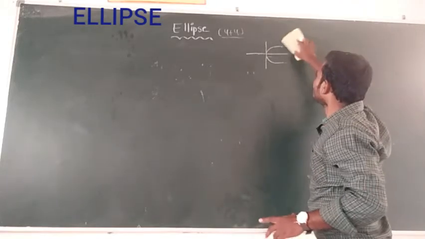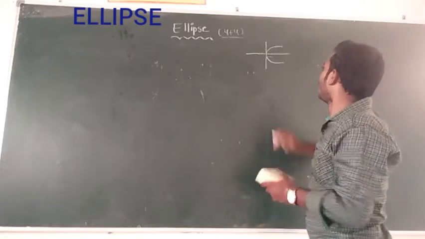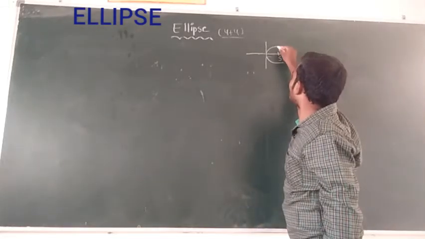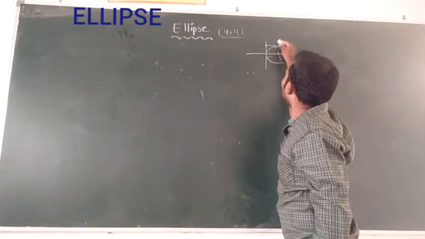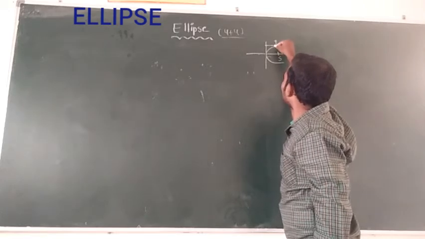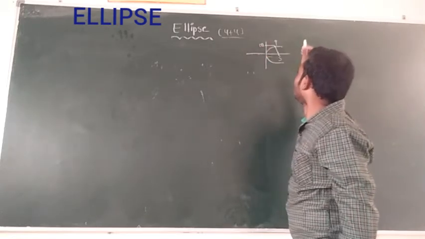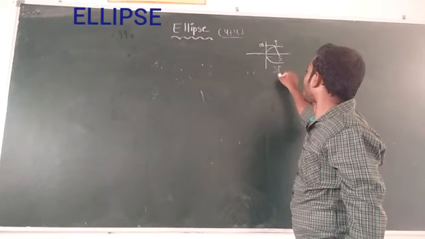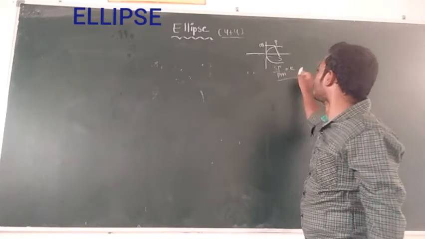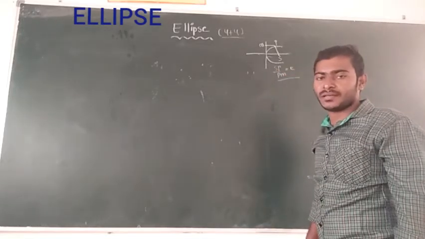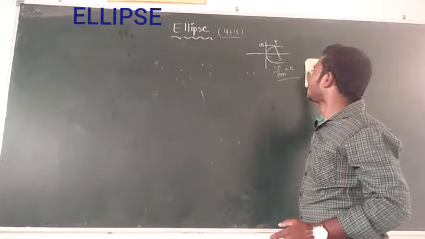Now, inside the parabola, S is the focus, and P is any point, and M is the foot on the directrix. We know that SP by PM equals E, the eccentricity.